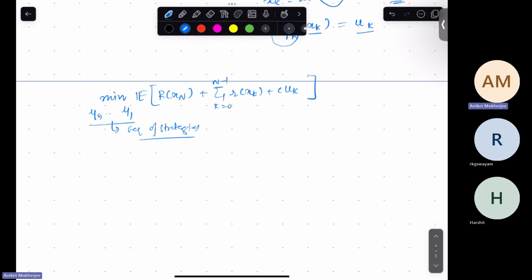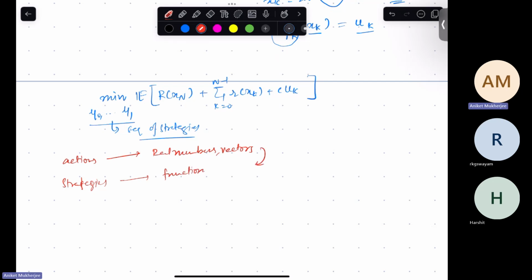So basically, your actions are real numbers or vectors, but your strategies are functions. And you had to go from searching in the space of real numbers and vectors to searching in the space of functions because of the randomness in the system.